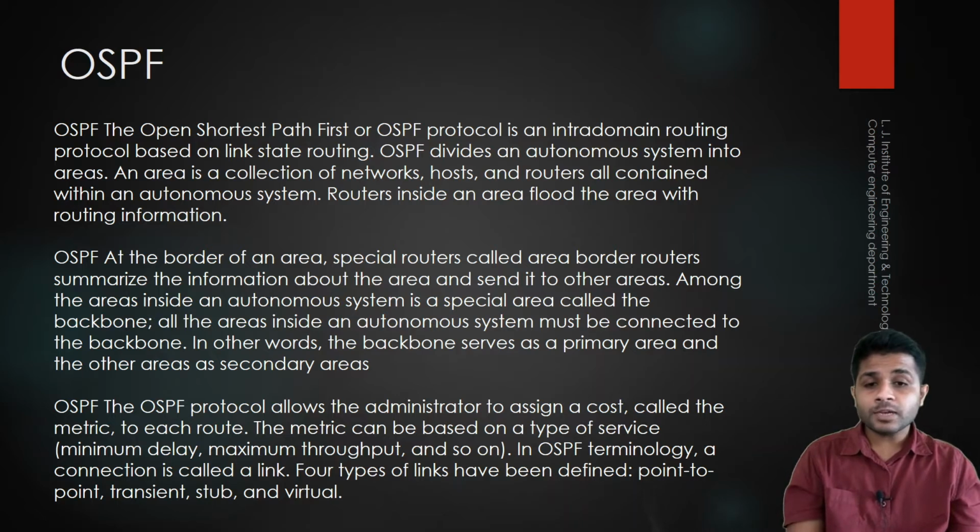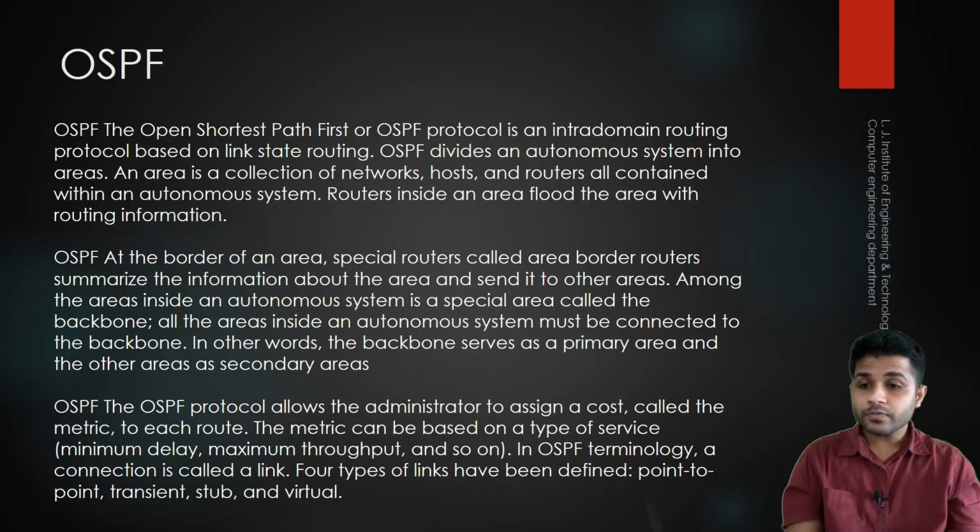At some time a link is very congested, at some time the link has no traffic at all, at some time a router is not working. It can also happen that a link is broken or a router is congested. All these things are continuously happening in the network. So to take dynamic decisions, all these routers need to share information with each other. That is why it floods the information to its own area, the area in which the router is present.